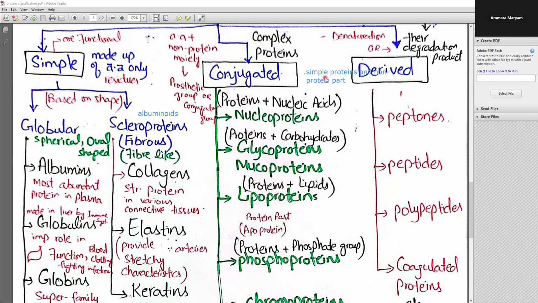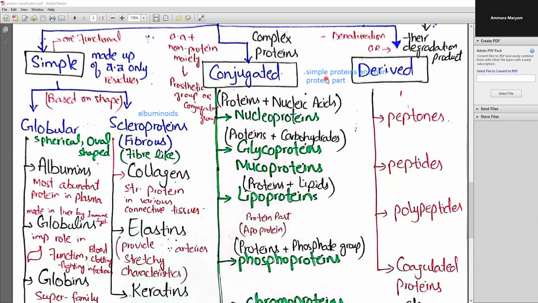But here in conjugated proteins, the simple protein is occurring as a part of conjugated protein. So they don't have separate identity. They don't have independent existence. ठीक है? That's why, because these simple proteins are not independently functional.